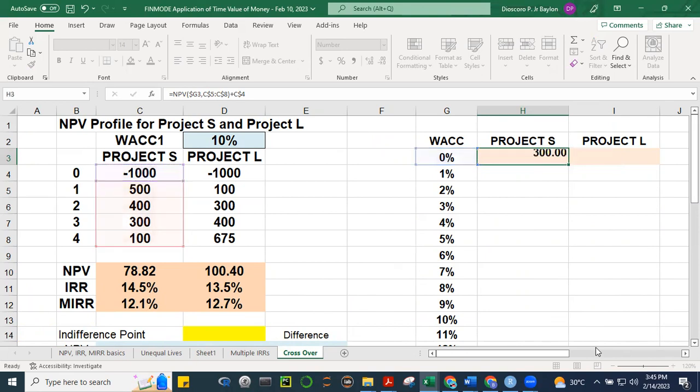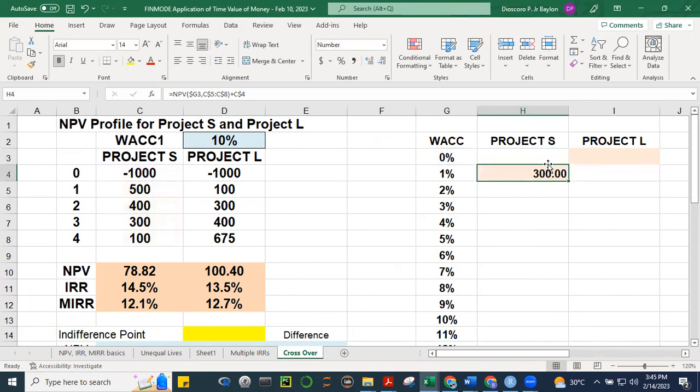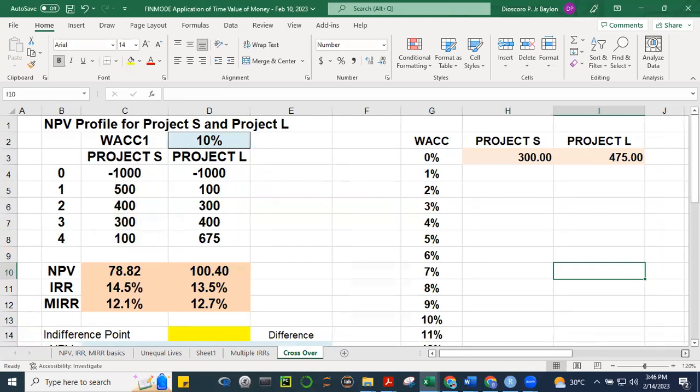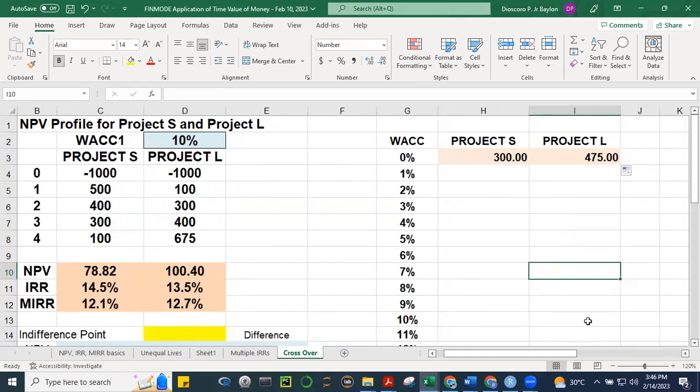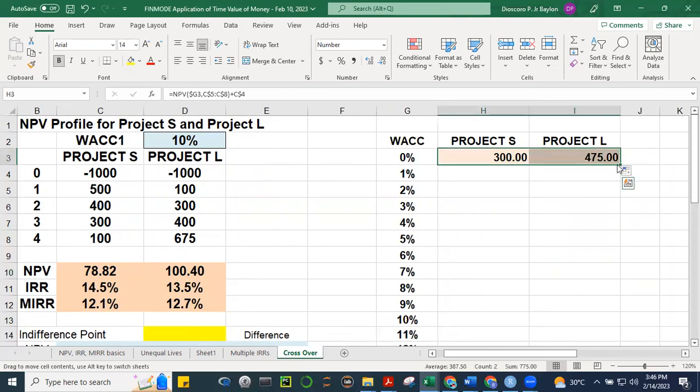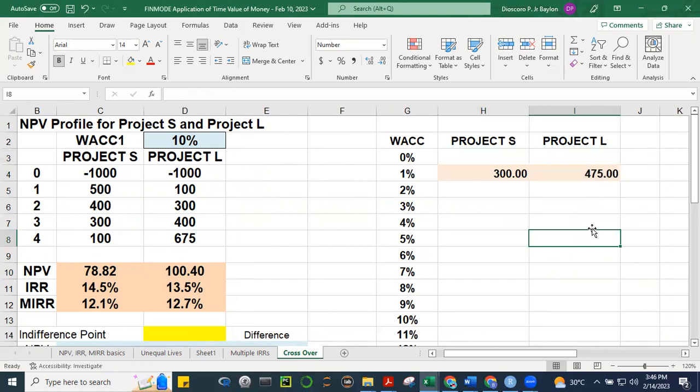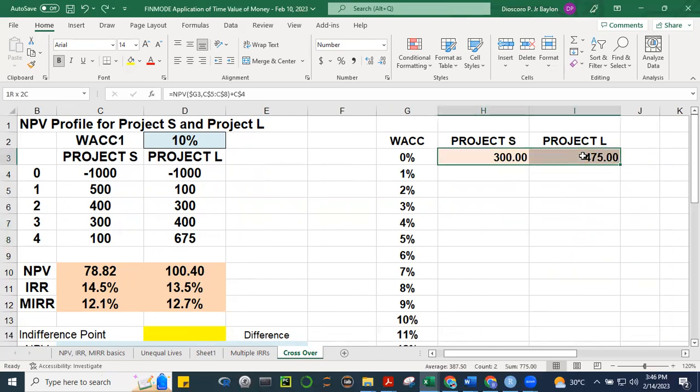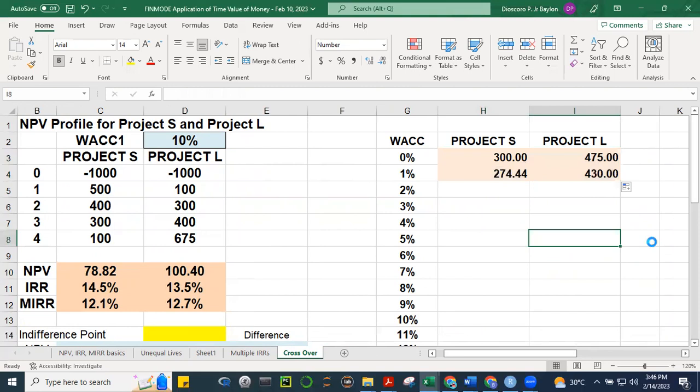Okay, let me check. Tanggalin natin, pag kinopya kasi natin ito, lalabas din yung ano, no?